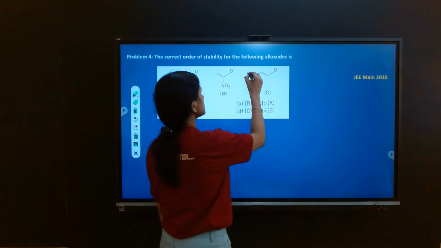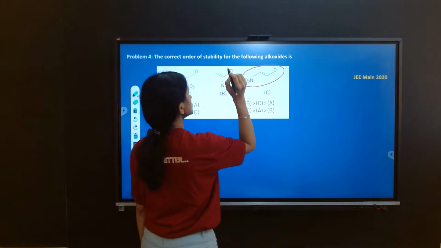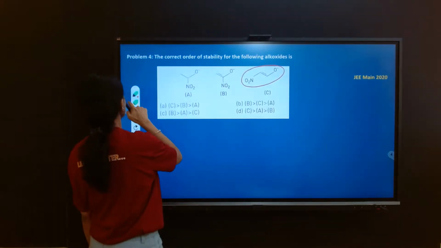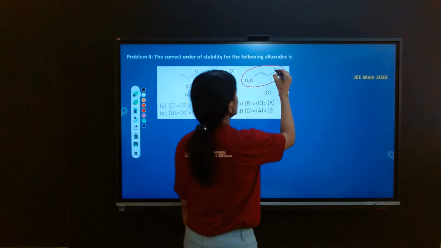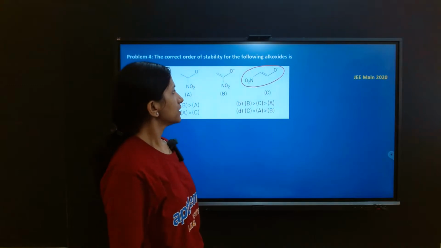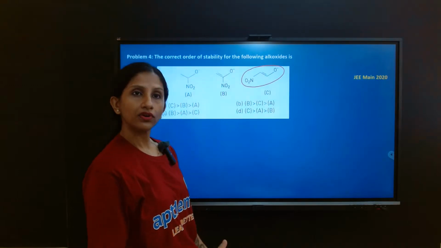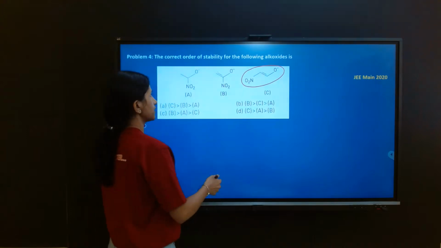Now, if you consider C, it will be the most stable one. Why? Because the negative charge would be delocalized via the following resonating structures that I am going to draw for you right now.